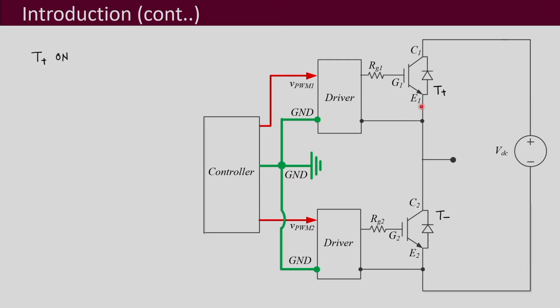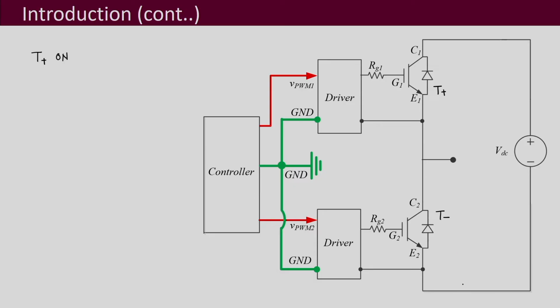So, the potential of this emitter point E1 with respect to this bus will become equal to VDC.